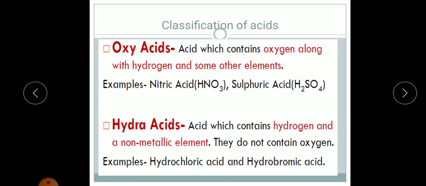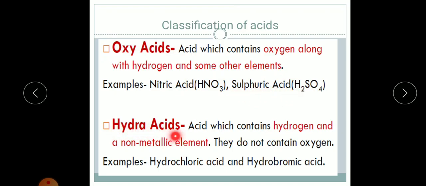Next, acids can also be classified into 2 types: oxyacids and hydracids. Oxyacids are acids which contain oxygen along with hydrogen and some other element. Examples are nitric acid, HNO3, and sulfuric acid, H2SO4.